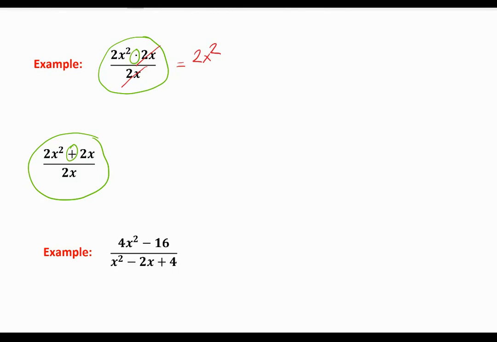But here 2x cannot simplify because there is a positive plus sign. So I should first factor out 2x, giving 2x times x plus 1, and in the denominator I have 2x. These two 2x's can cancel each other, so I have x plus 1.